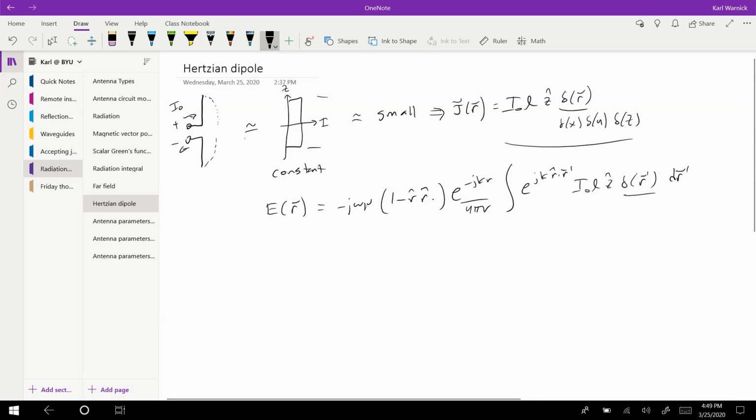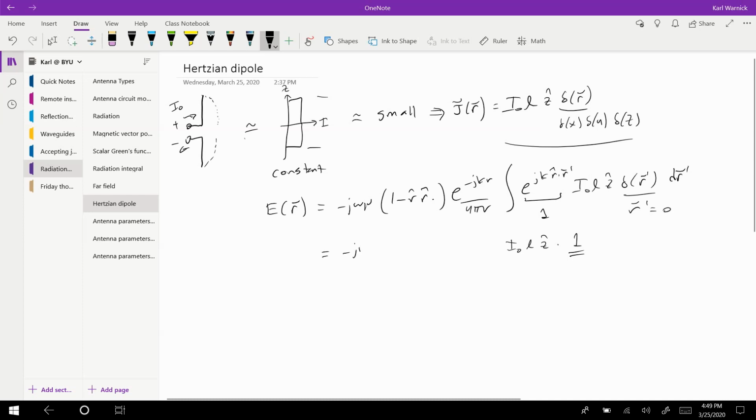And those delta functions are non-zero at the origin, or r prime equals 0. If we use the shifting property of the delta function, when we evaluate the integral, the exponential becomes 1. In fact, the entire integral becomes 1, except we have to include the I naught L z hat. Everything else just evaluates to 1. That's why the Hertzian dipole model is important, because it's so easy to work the radiation integral.